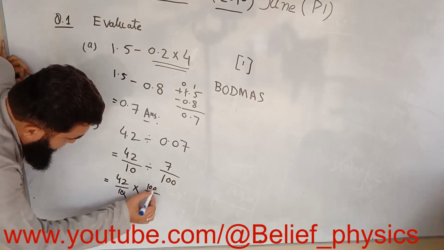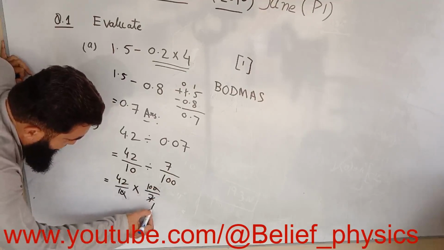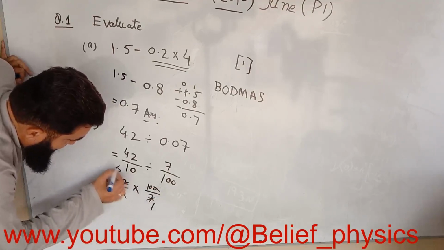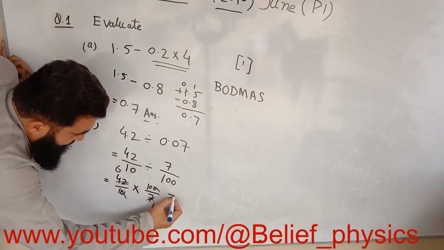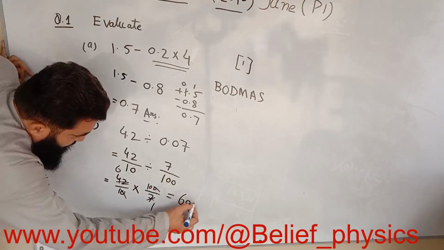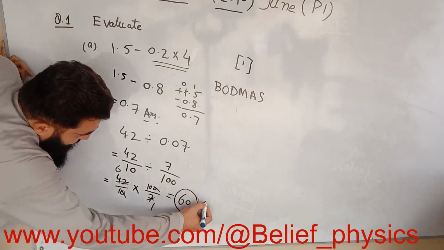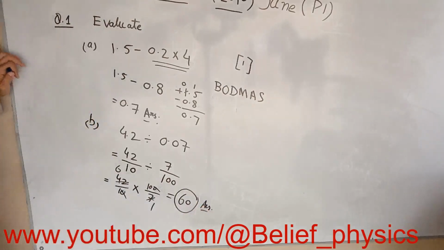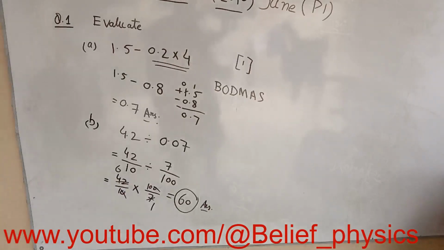This 0 is cancelled with this 0. 7 ones are 7, 6 sevens are 42, so 6 tens are 60. So 60 is the answer of this question. Understand? This is how you solve the question in paper 1.